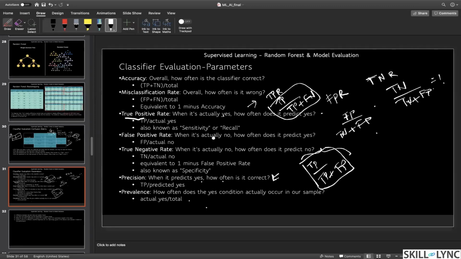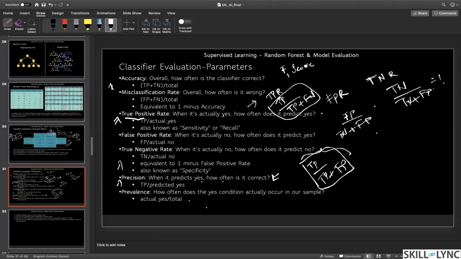Okay, now what happens, guys? Sometimes people get confused about which parameter should be chosen for performance, whether it is true positive rate, accuracy, true negative rate, or precision. There are several other performance parameters also, but I'll tell you one of them, which is called the F1 score. What is this F1 score?